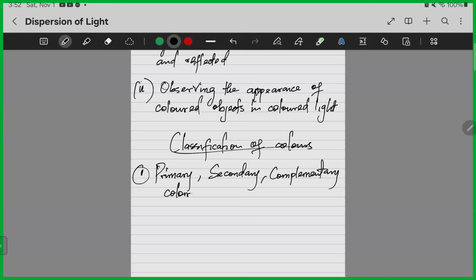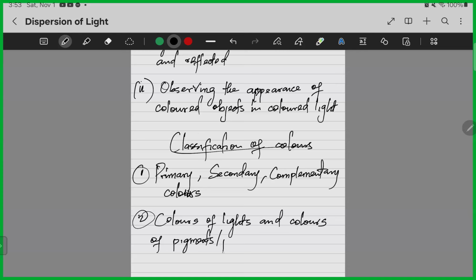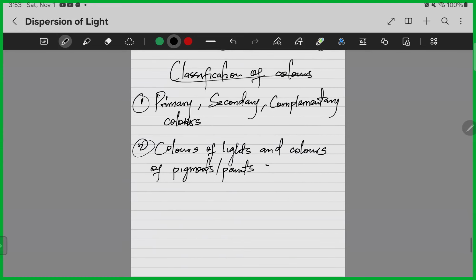Or we classify them into colors of light and colors of pigment or paint. So let's talk about them.